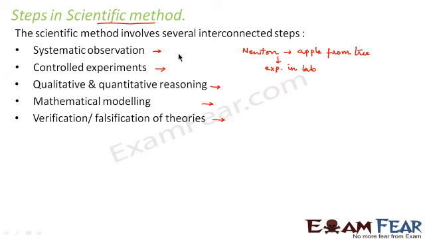So we covered the two points. The first one was systematic observation, wherein Newton observed keenly that the apple fell down from the tree. The second one, controlled experiments. He went back and performed several experiments in his lab. The third one is qualitative and quantitative reasoning, wherein Newton used different kinds of valid and invalid data to reach a conclusion.